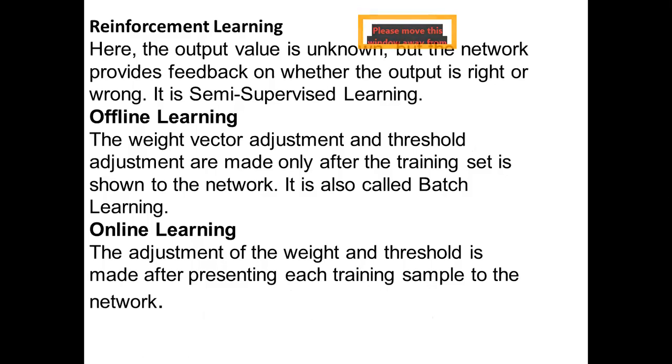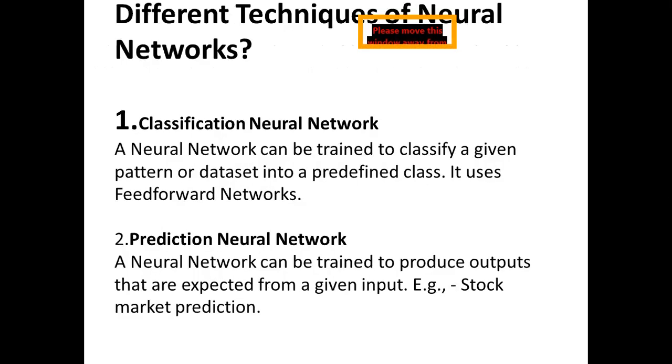Followed by offline as well as online. Offline means the weight vector adjustment and threshold adjustment are both made only after the training set is shown to the network. And online means the adjustment of the weight and threshold is made after presenting each training sample to the network. This is said to be online. So these are the five types of learning techniques in your neural network.